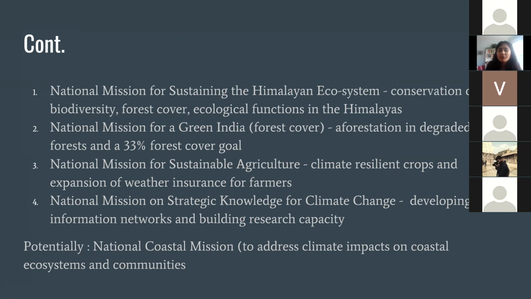I was talking about the donor agencies and how they contributed to the SAPCC. That would also count as climate action funds transferred to India. So those would also count there.